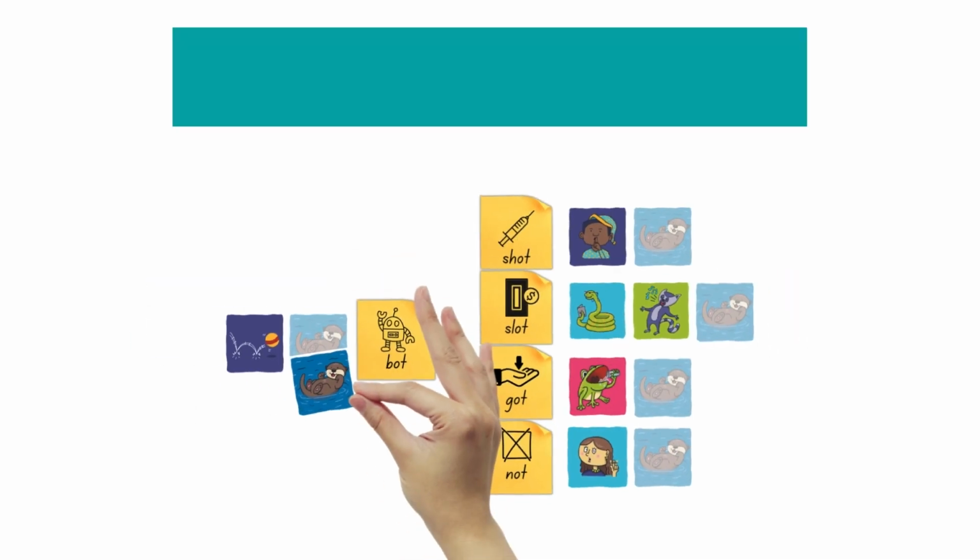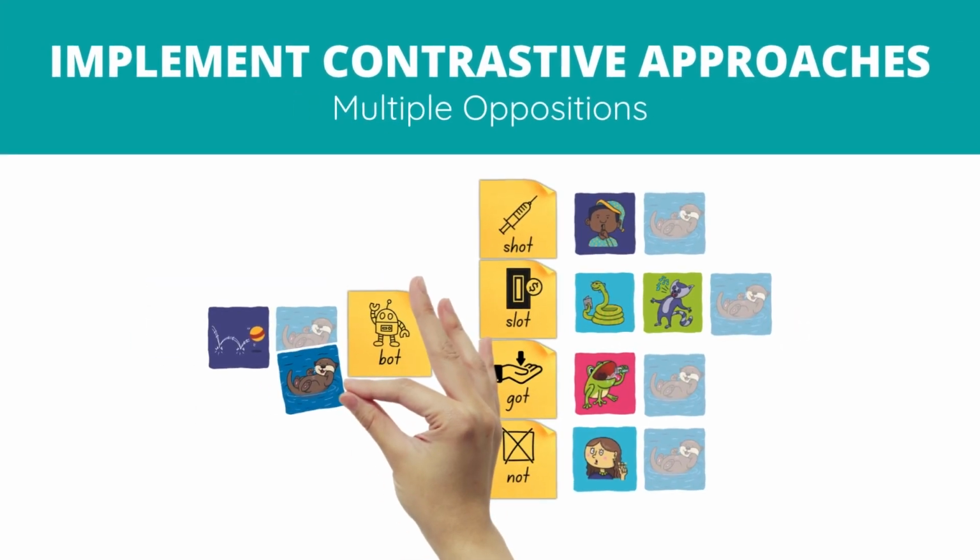This deck is also ideal for implementation of the multiple oppositions approach. Like the maximal oppositions approach, this approach requires client-specific target selection, which again means that grab-and-go resources or stimulus items are not often available or don't suit the particular needs of the client. Again, this deck comes to the rescue.